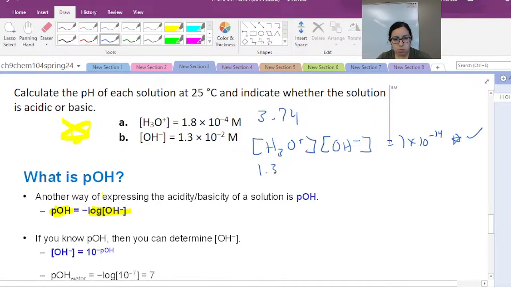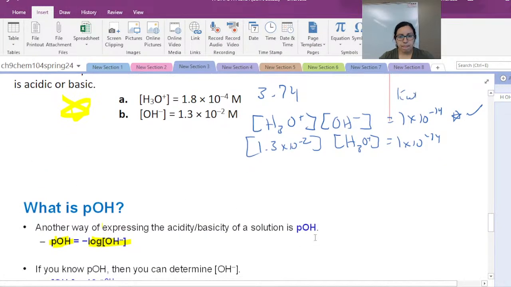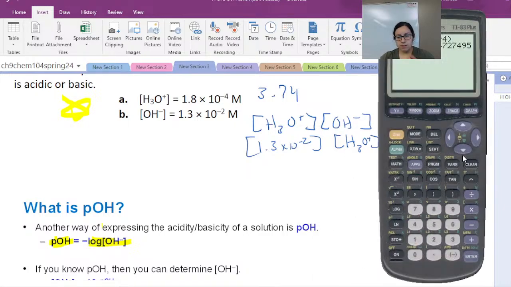So now we're saying, well, 1.3 times 10 to the negative 2 times, so we want to solve for hydronium, is equal to 1 times 10 to the negative 14. That's just the Kw by definition. And again, this is why you can add the pOHs. Well, we'll get there. So 1 times 10 to the negative 14 divided by our hydroxide concentration.